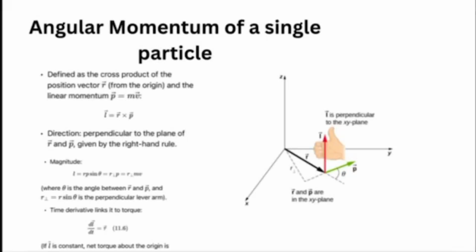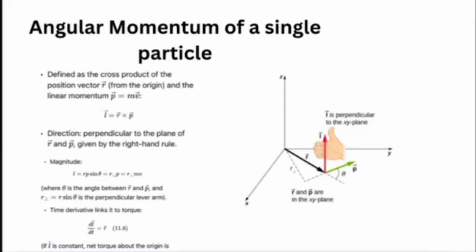Let's start with a single particle. For a single particle, angular momentum L is defined as the cross product of its position vector r from the origin and its linear momentum p equals mv, where L is equal to r times p. The direction of angular momentum is perpendicular to the plane formed by r and p, and we determine it using the right-hand rule.